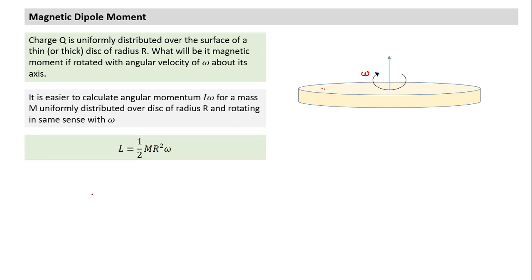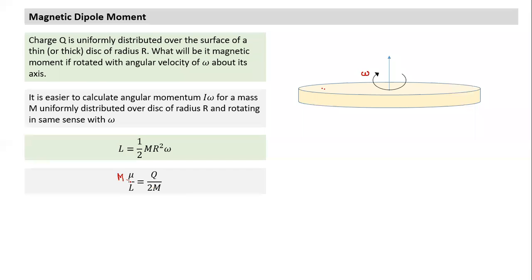Once I have this relationship, I can use previous equation. The magnetic moment divided by angular momentum is equal to charge divided by 2m. So rather than calculating value of mu or m or magnetic dipole moment, we have calculated angular momentum.